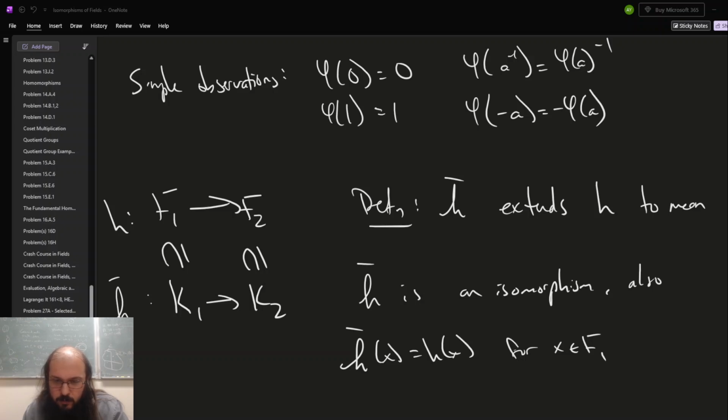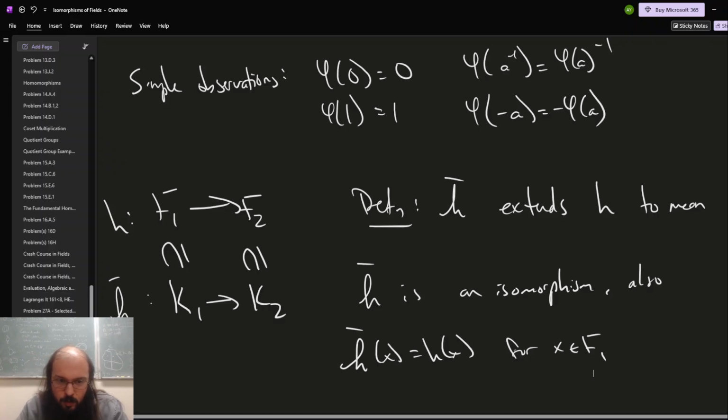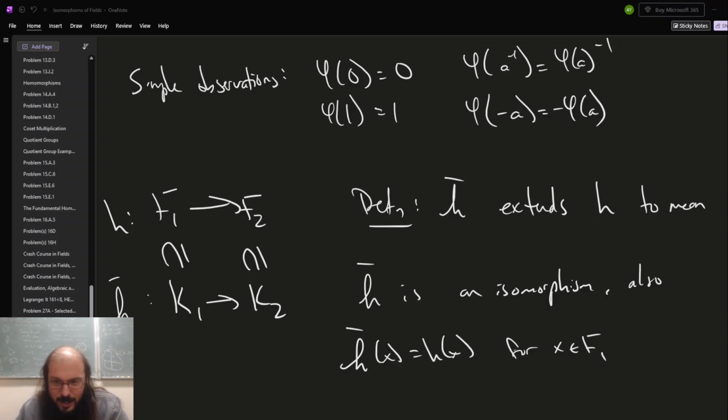And so, in other words, it's an extension because the restriction of cursive H bar down to F1 agrees with ordinary H, right? So that should match your intuition for what it means to extend a function.